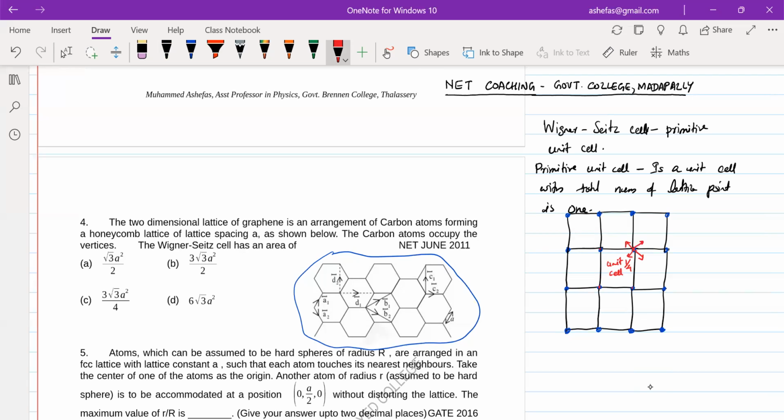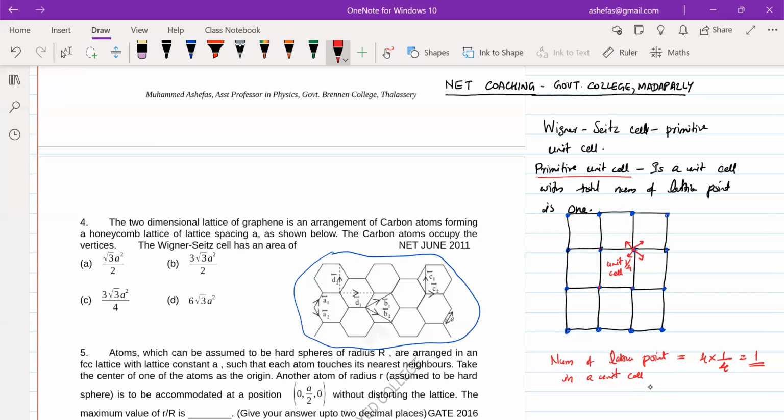And we have 4 such corners. So the effective number of lattice points in a unit cell is 4 times 1 by 4, which is equal to 1. Therefore, this rectangular unit cell is an example of a primitive unit cell.